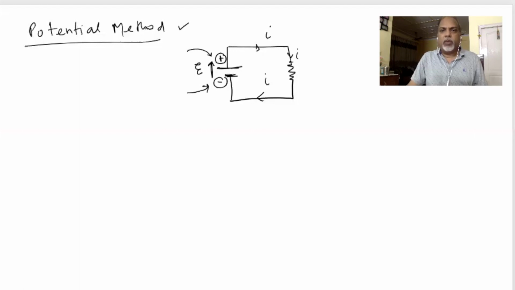Current is moving like this within this resistance R. Okay. Now we will define what is called the loop rule, and this is also called Kirchhoff's law.